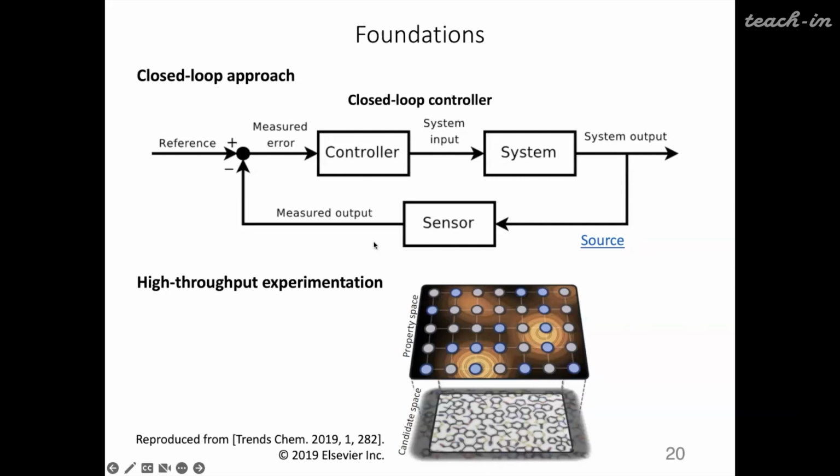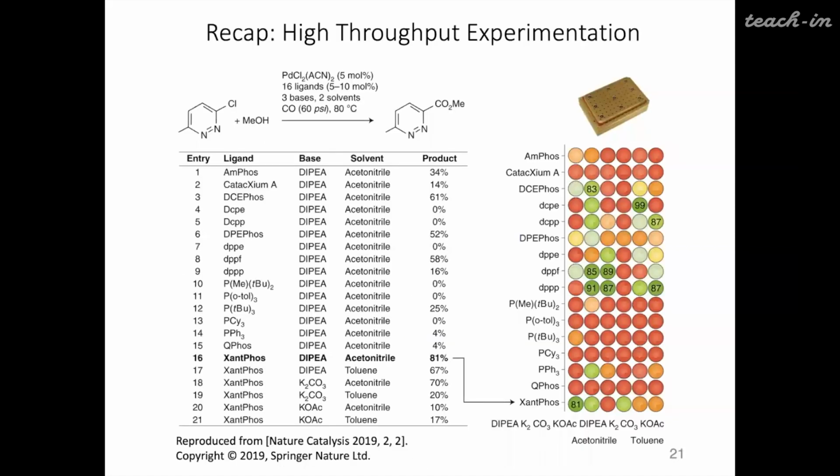So we get a closed loop. And second, we should use high throughput experimentation to get efficient self-driving laboratories or some chemical robots.